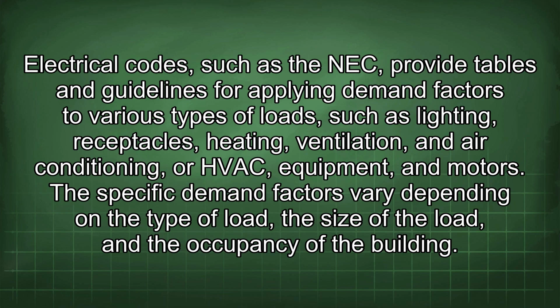Electrical codes, such as the NEC, provide tables and guidelines for applying demand factors to various types of loads, such as lighting, receptacles, heating, ventilation, and air conditioning, or HVAC, equipment, and motors. The specific demand factors vary depending on the type of load, the size of the load, and the occupancy of the building.